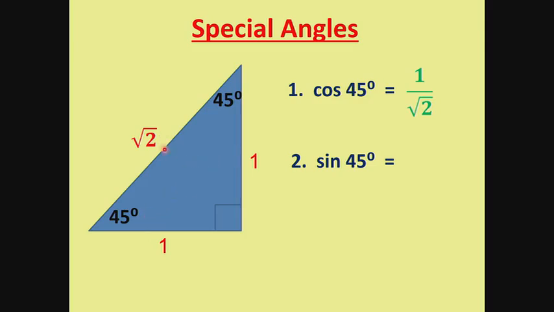Opposite over hypotenuse, or y over r. Again, 1 over square root 2. And if I give you another one, what about tan 45? Tan is opposite over adjacent, or y over x, which is 1 over 1, and that gives me 1.